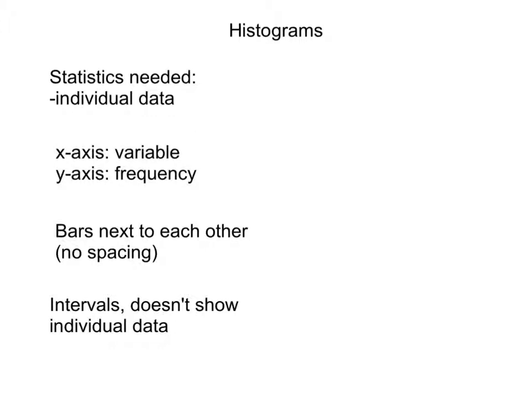Then also, a big part of the graphing is histograms. So histograms, they kind of look like bar charts, but they're a little different than bar charts. So in order to create a histogram, you're going to need the individual data. And so what your histogram is going to look like is it's going to have an x-axis and a y-axis.